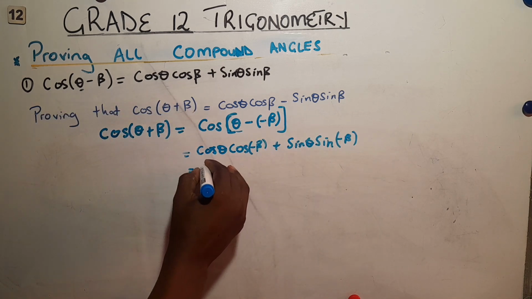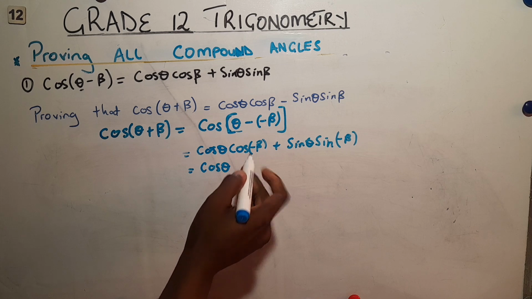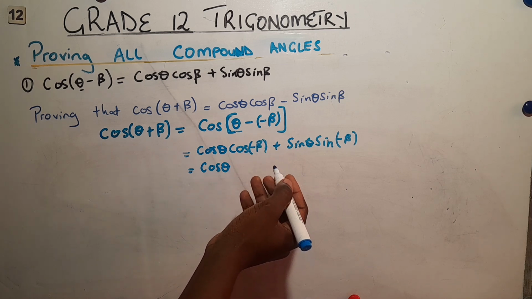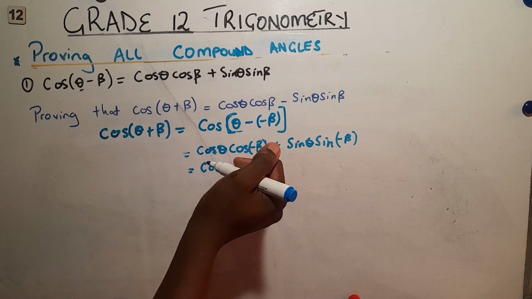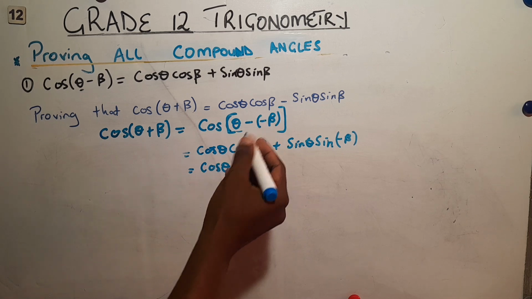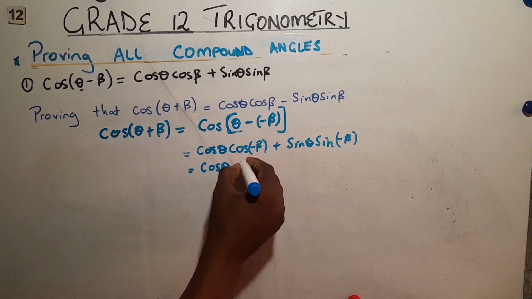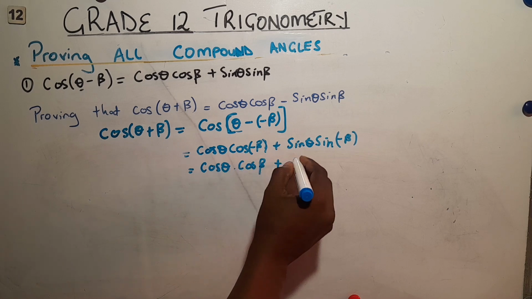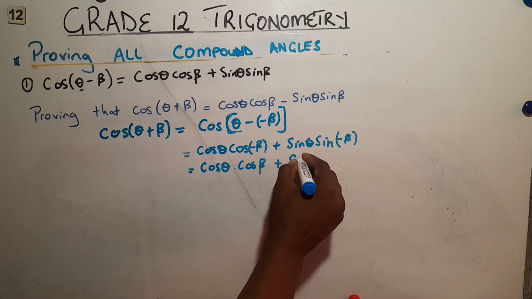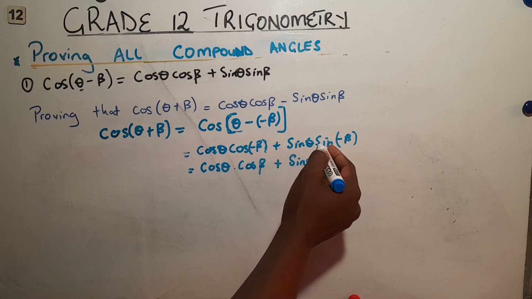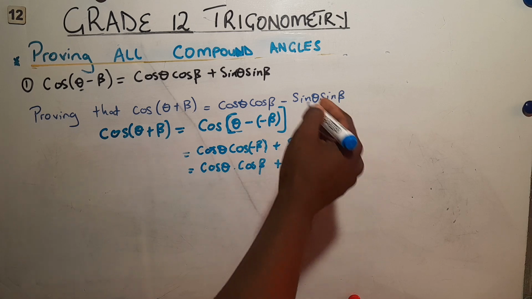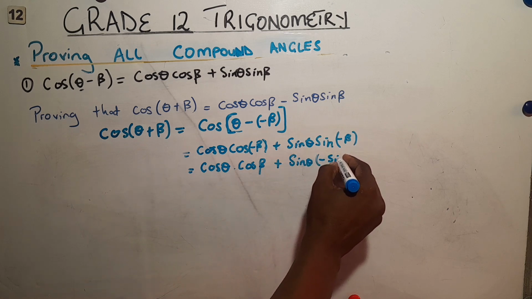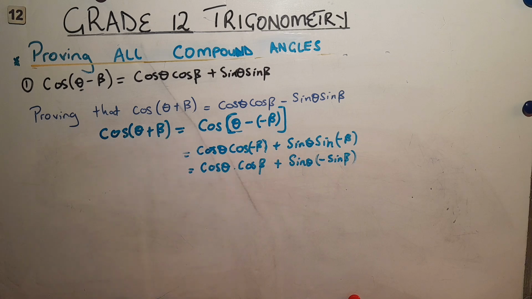So this gives us cos of theta, and cos of a negative angle is a positive value, because negative beta means it is in the fourth quadrant. So this cos is positive, so this will be just cos of beta, right? And then plus, the sine theta is the same as sine theta, but sine of negative beta is negative, so this will be negative sine of beta, like that.